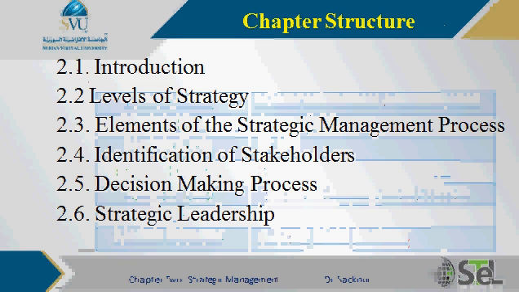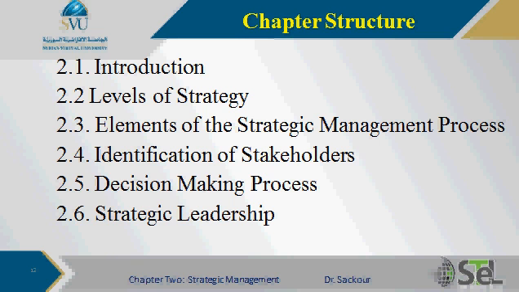Smart objectives, which is specific, measurable, attainable, or achievable, realistic, and time-related objectives. Then in this chapter, in section number 1 and part number 1, we talk about levels of strategy. Levels of strategy, we said that there are network level.